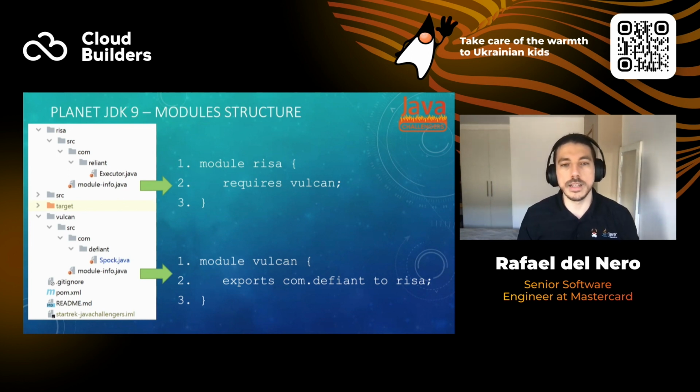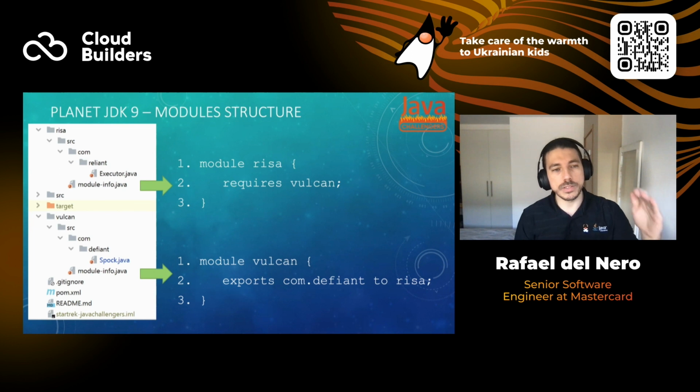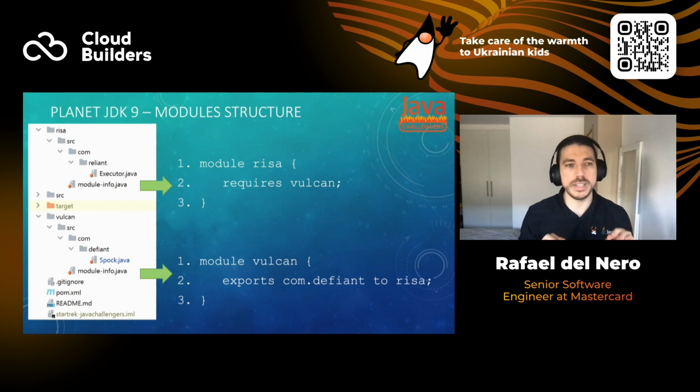Notice that one module is using the other here, and we have the structure of the modules on the left. So focus on this slide for a moment, because you're going to need to remember a couple of things to solve the following challenge. I'm going to give you some time. Okay, that should be enough.